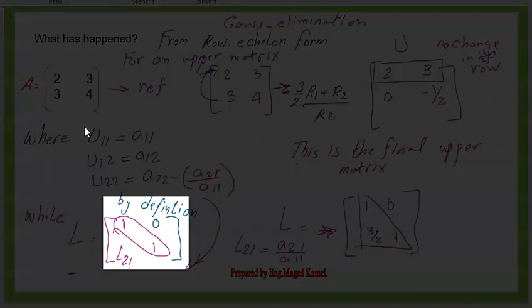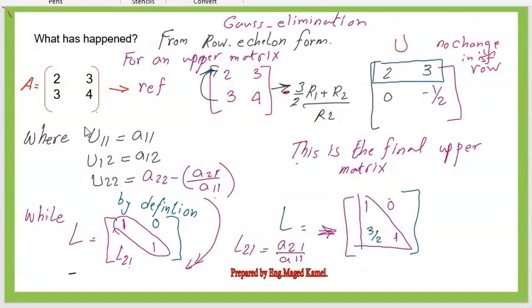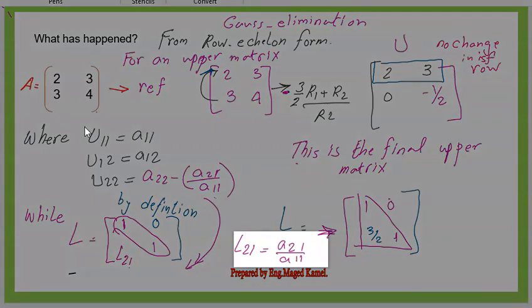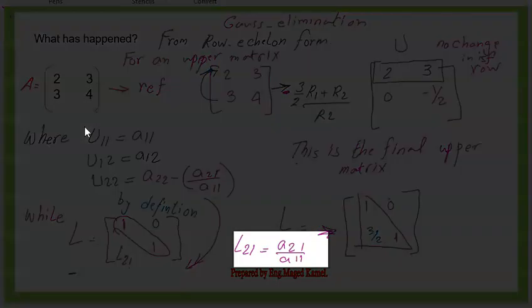We have, by definition, L sub 1, 1 equal to L sub 2, 2 equal to 1, and L sub 1, 2 equal to 0, because this is a lower matrix, while the element L sub 2, 1 is equal to A sub 2, 1 over A 1, 1, considering that A 1, 1 is a pivot.